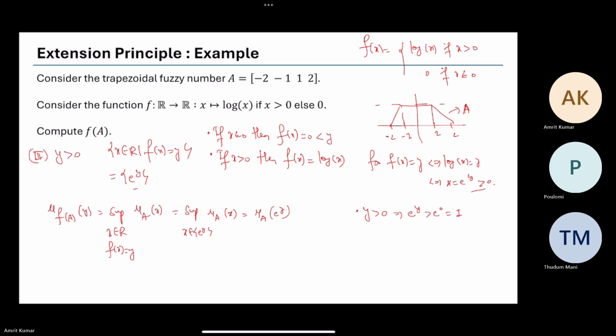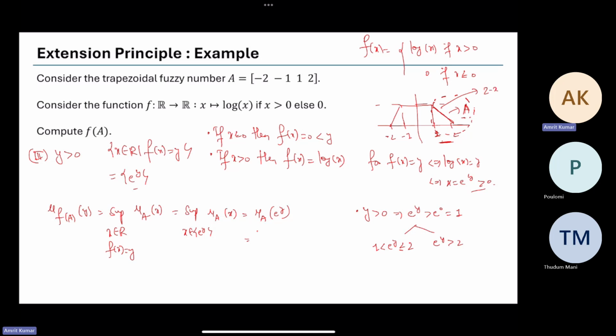And what does the membership function of A look like for x greater than 1? This is basically this portion. So between 1 and 2, this is the membership function of A, and after 2 it is 0. So this can be divided into two cases. By the way, what is the equation of this line?